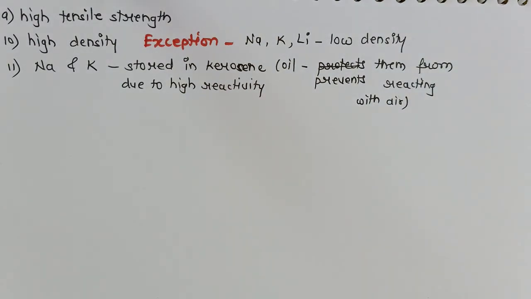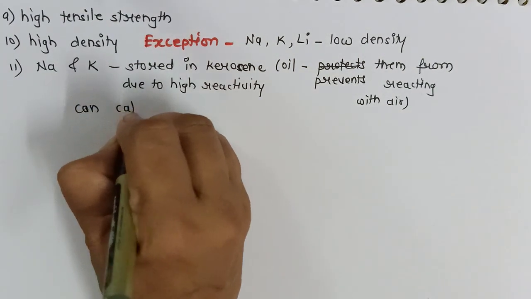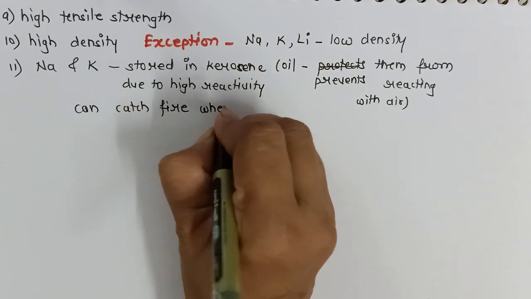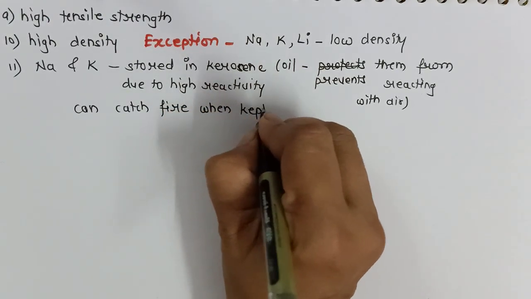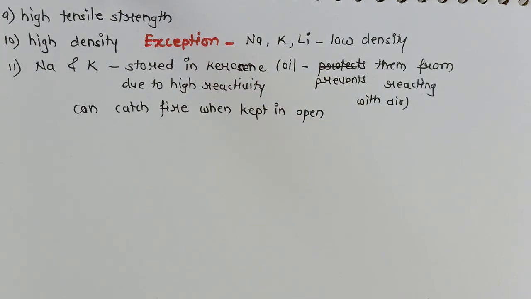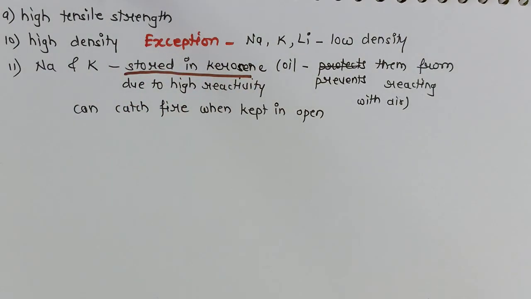Sodium and potassium are so reactive that they can catch fire when kept in the open. They are so reactive, and therefore they are always stored under kerosene. You have to remember this because it is a frequently asked give reason question.